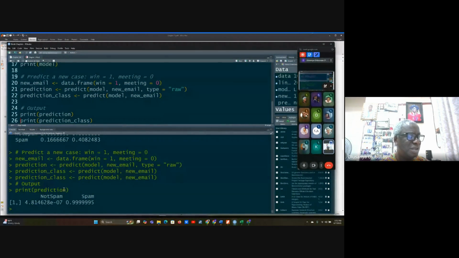So this is the result for the predicted probability. This value is so small, about 0.00000 something, before you have 48.